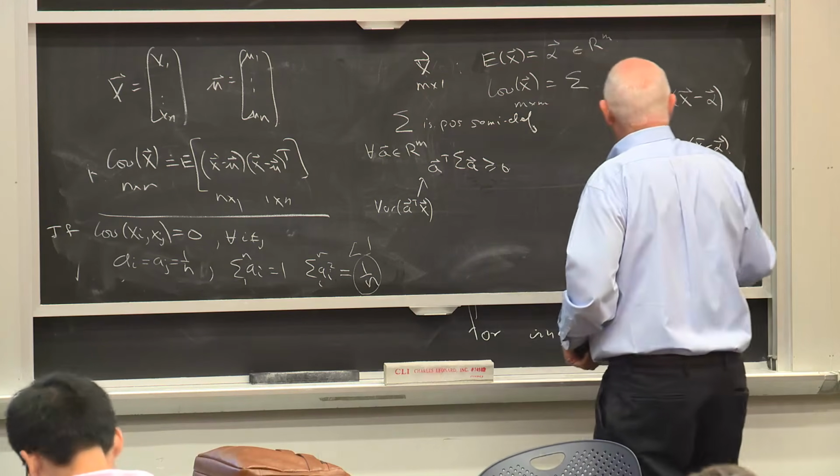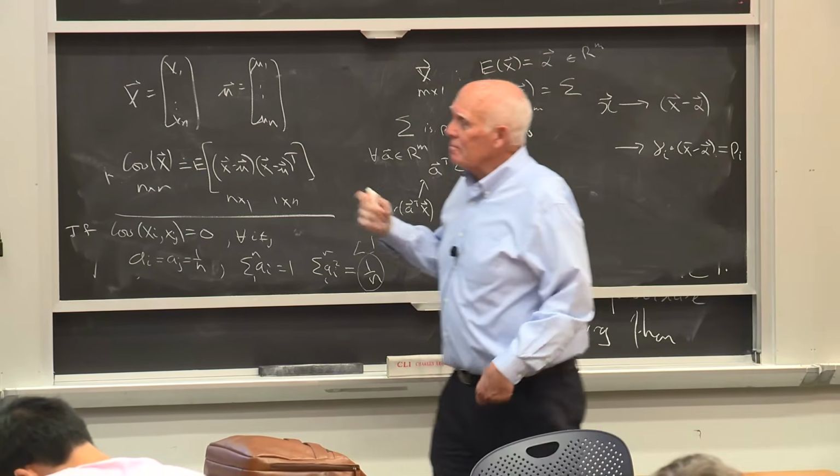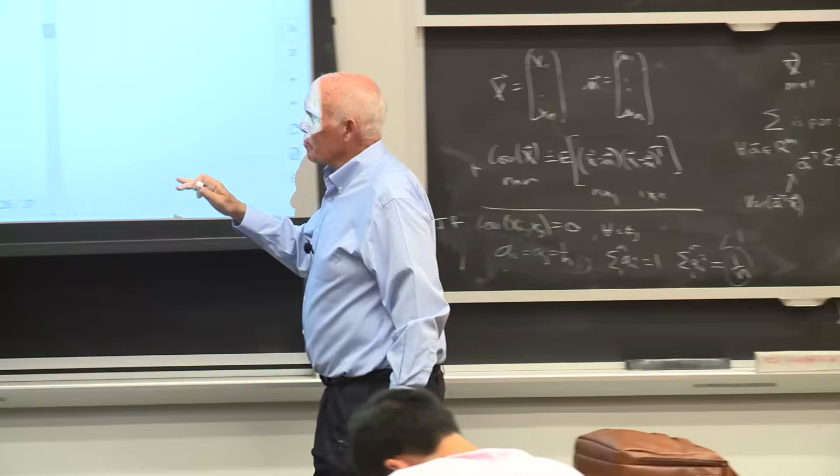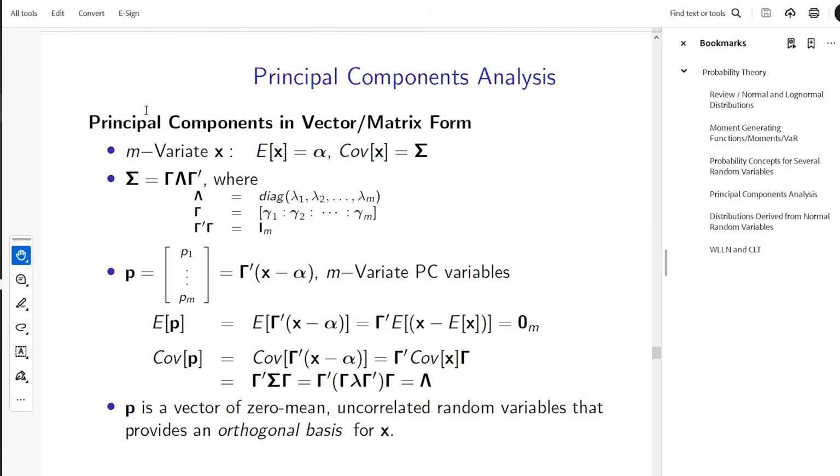And we call this the coefficient of the ith principal component variables. And these principal component variables are very neat because their average or mean value is equal to 0.